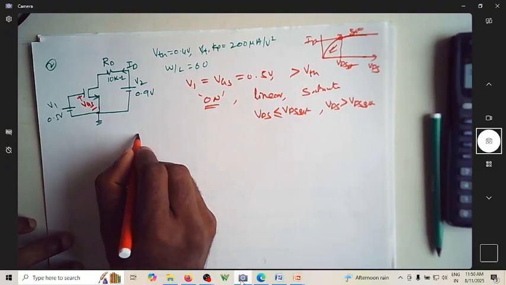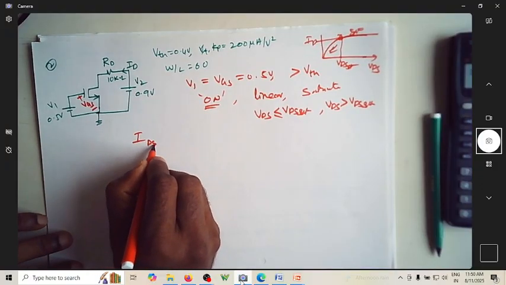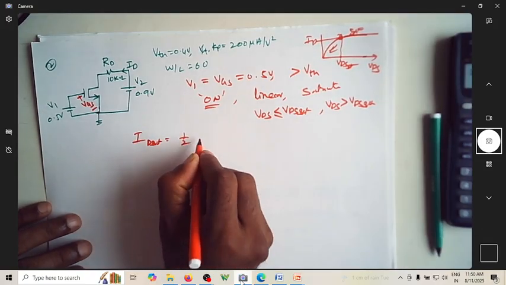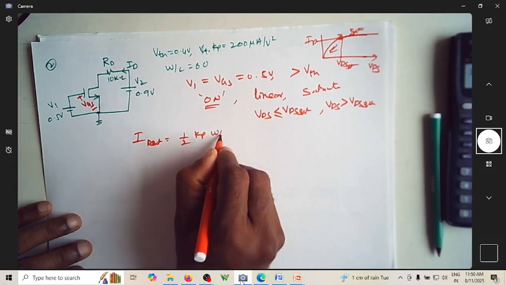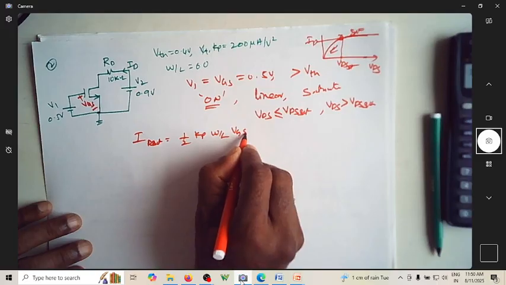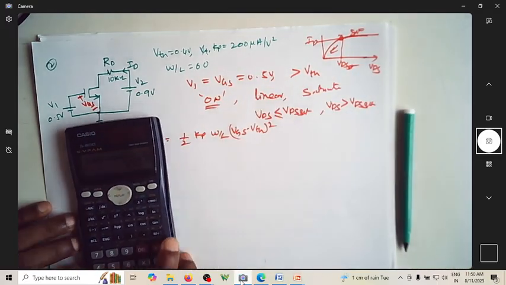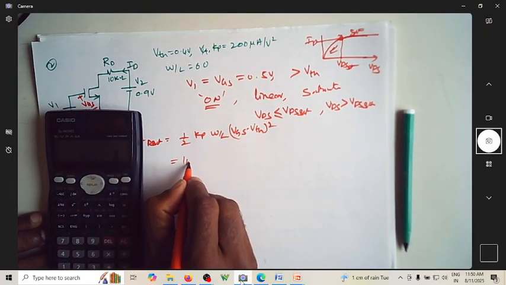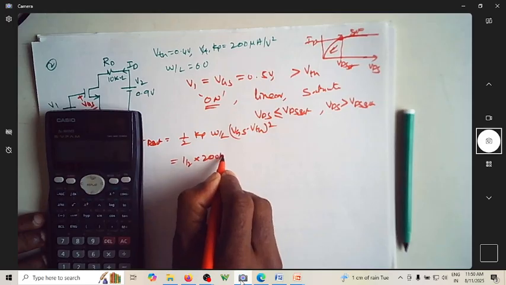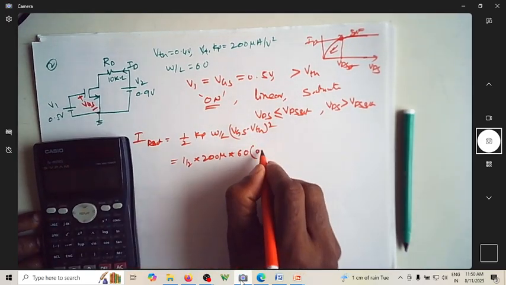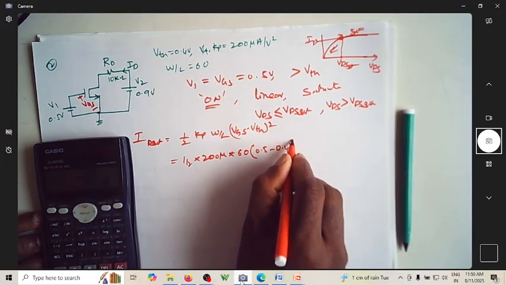Now assuming saturation region, let me estimate the drain current. ID is half Kp W by L into (VGS minus VTH) whole square. So that current comes out to be half into 200 micro into 60 into (0.5 minus 0.4) whole square.